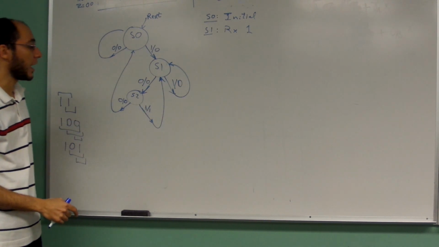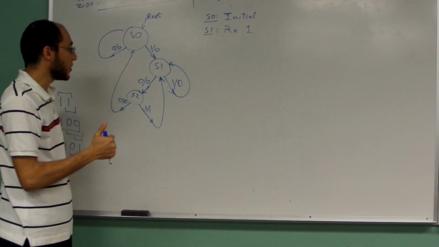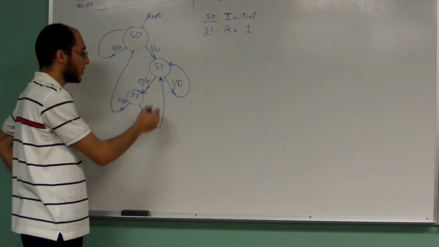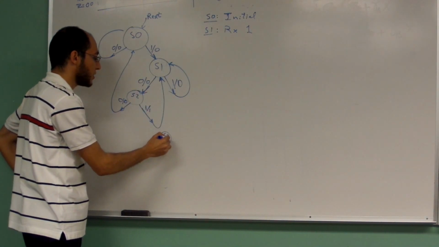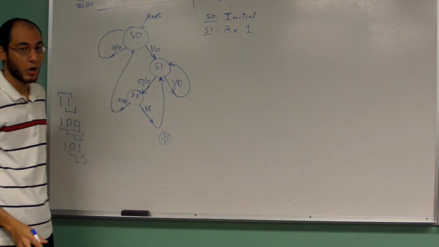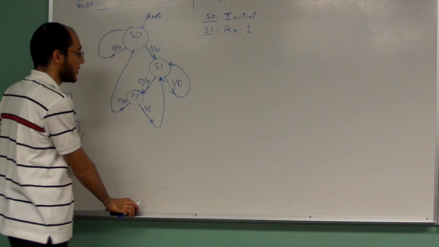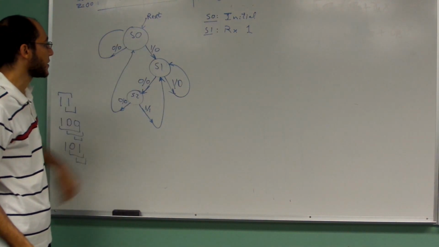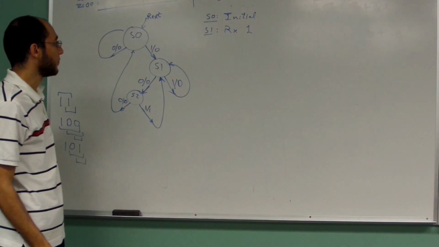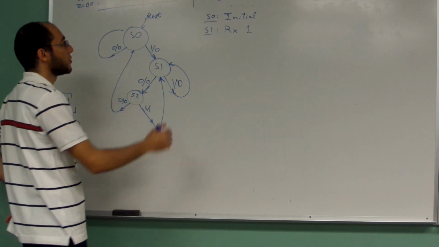And that's why I can output a 1 here. But in the Moore machine, there was an output of 0, and that's why I had to create a new state S3 with an output of 1. So that's the difference, and that's why the number of states is reduced in the Mealy compared to the Moore.